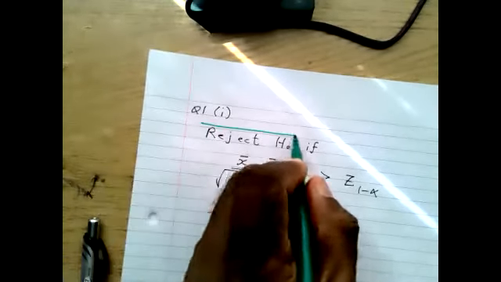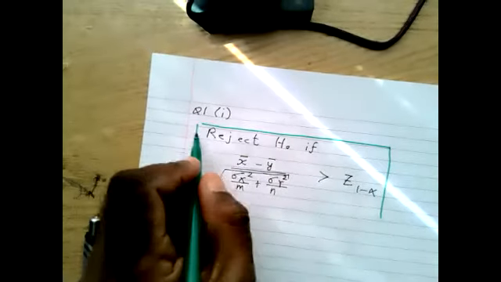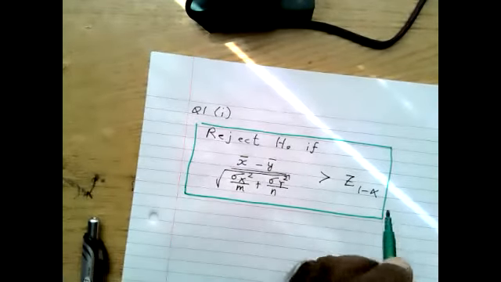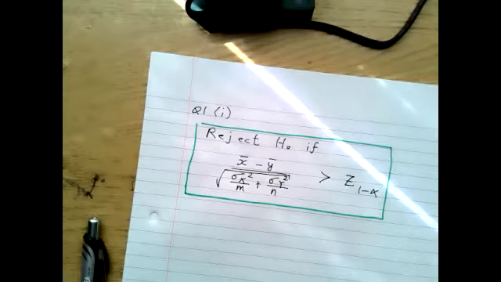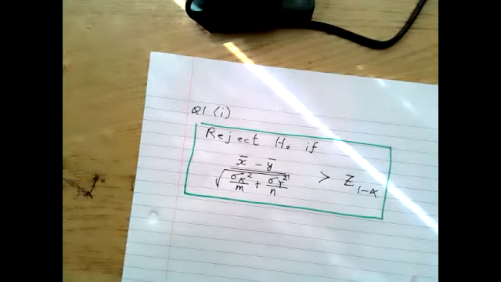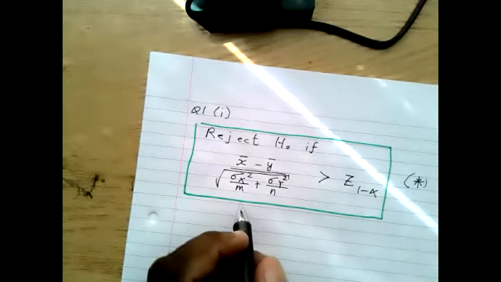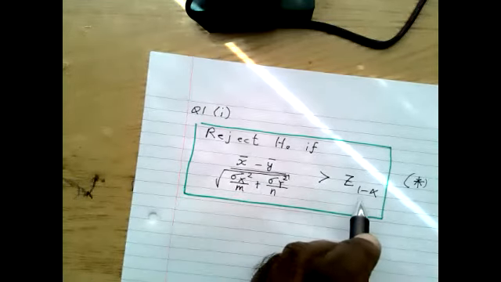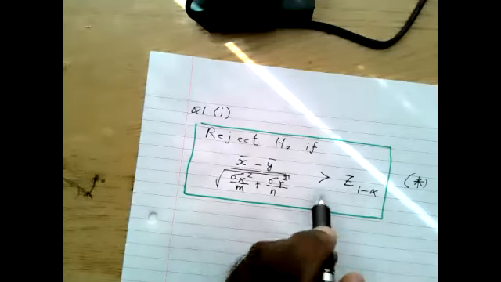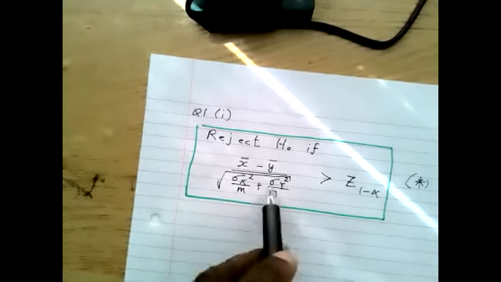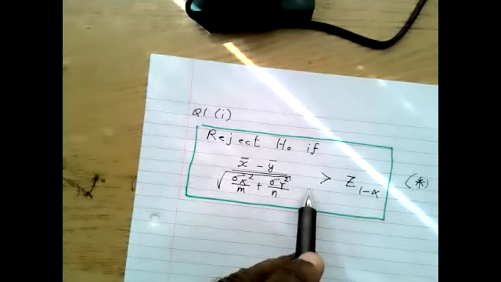Let me put this in a box and call this star. Now what I'm going to do is compute the left and the right hand sides of star and then compare them and see if this inequality is satisfied or not.